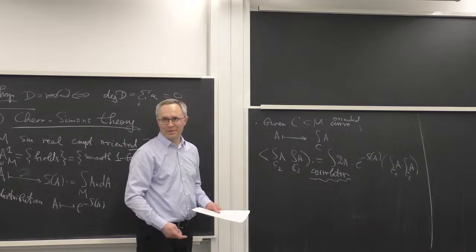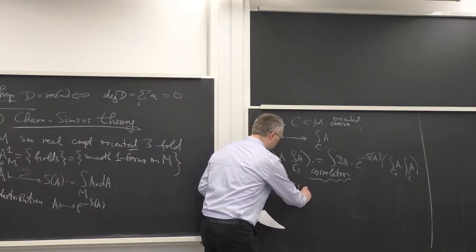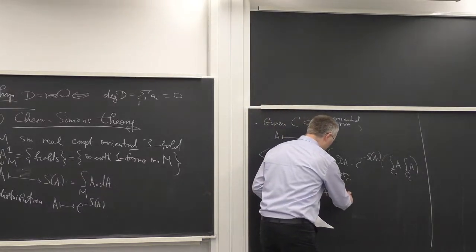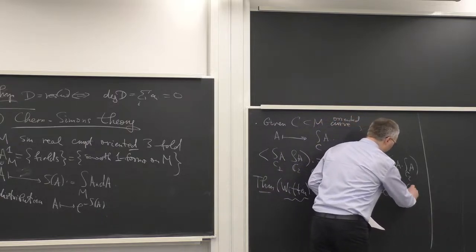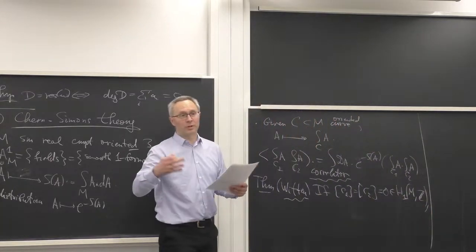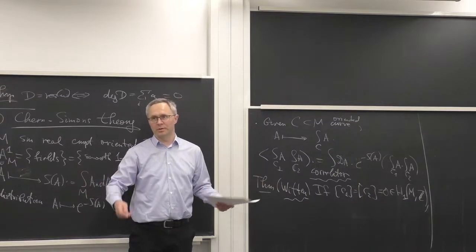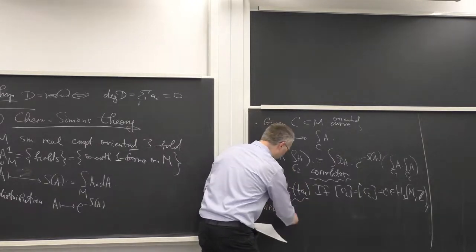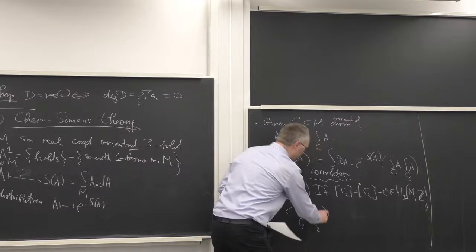Defined by two curves. And so a theorem by Witten is that if the classes of both curves vanish in the first homology of M, that is, we can consider some oriented surfaces such that our curves are boundaries of these surfaces, then this number is an invariant of two curves in a threefold which are both homologically trivial.